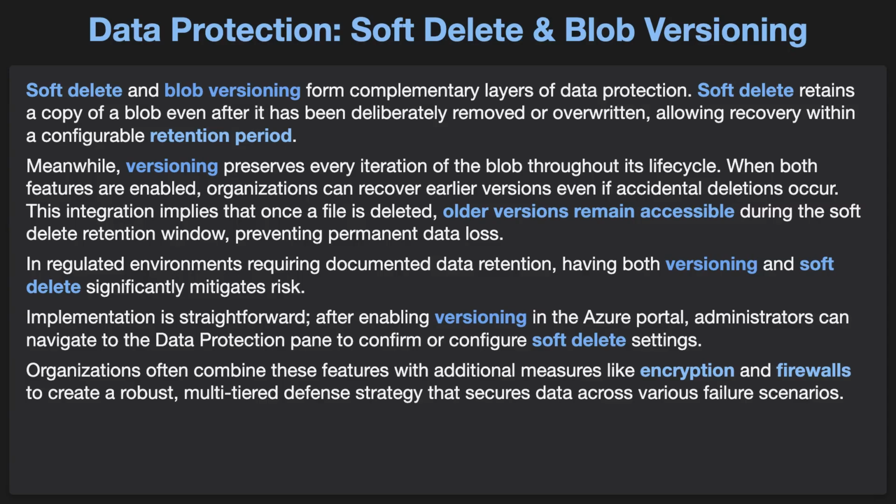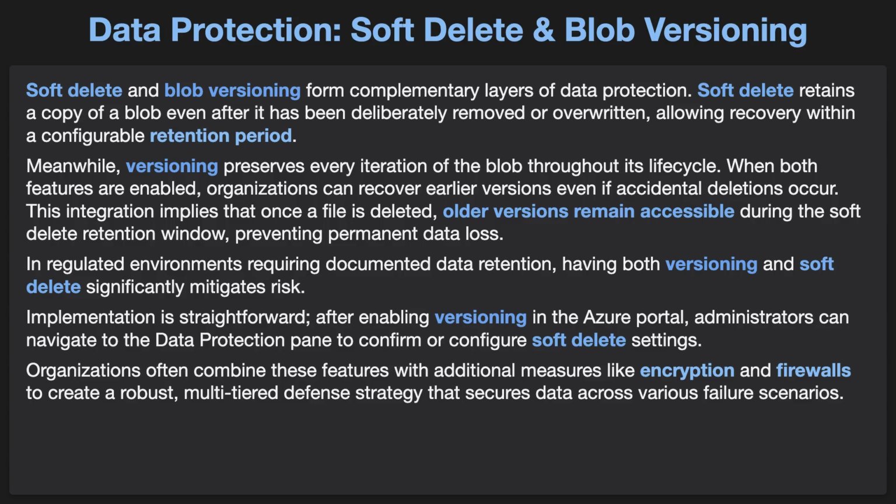Soft delete and blob versioning form complementary layers of data protection. Soft delete retains a copy of a blob even after it has been deliberately removed or overwritten, allowing recovery within a configurable retention period. Meanwhile, versioning preserves every iteration of the blob throughout its life cycle.